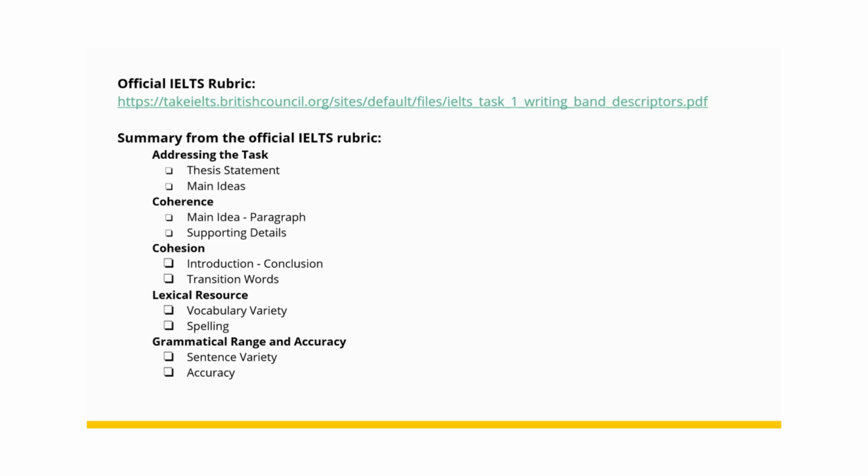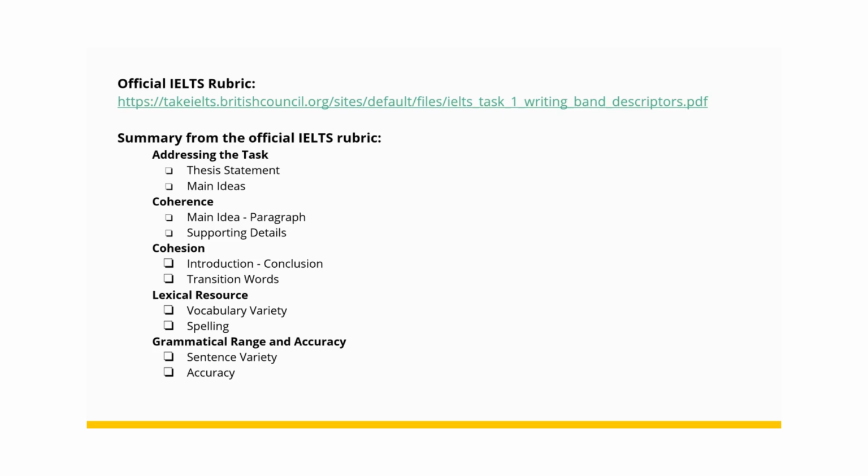Coherence means that every body paragraph begins with the main idea, which is a topic sentence. We discussed it. And every body paragraph has supporting details, things like highest number, lowest number, and so on. Next, we have cohesion, which is an introduction, and your conclusion is restating your introduction.